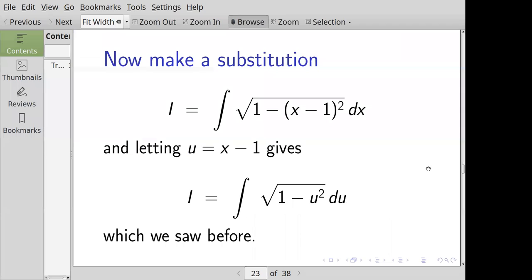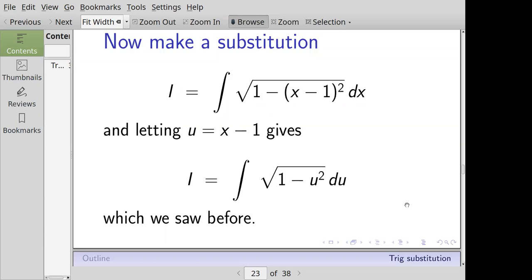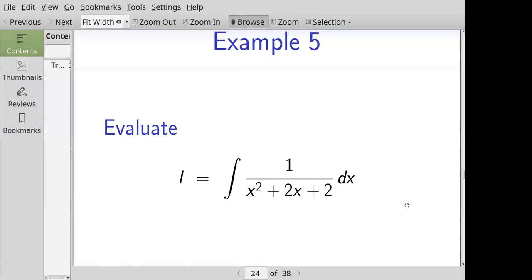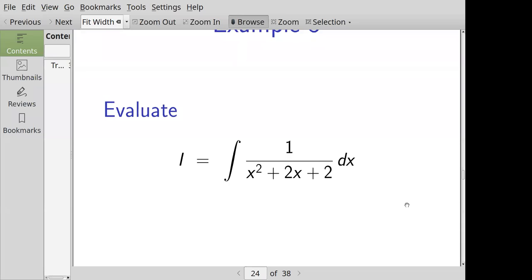Yes. So there isn't any dv. Before we were doing u and dv, but we're not doing integration by parts, so I don't need a dv. Okay, sir. So I is equal to the integral of 1 over x squared plus 2x plus 1 dx. What do you suggest?